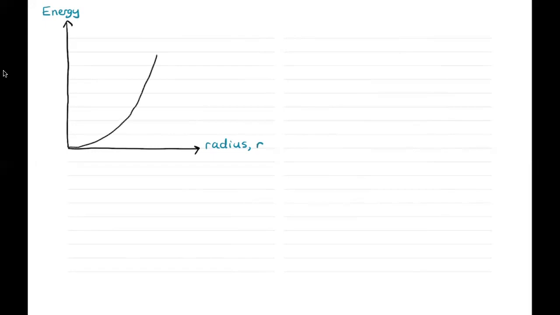And so if we sketch these two contributions to the energy as a function of the radius of the particle, then the energy of the single domain particle is increasing as r cubed, whereas the energy of the multi-domain particle is increasing as r squared.